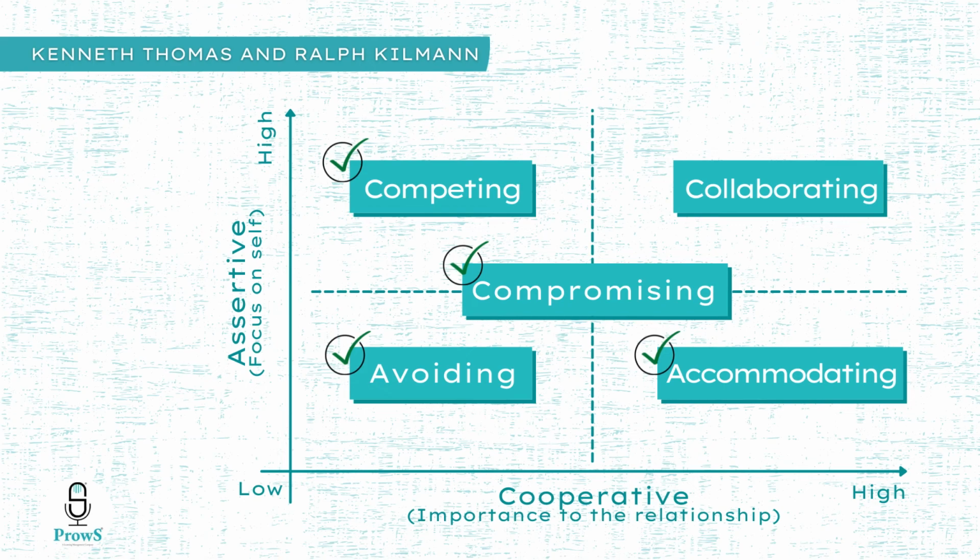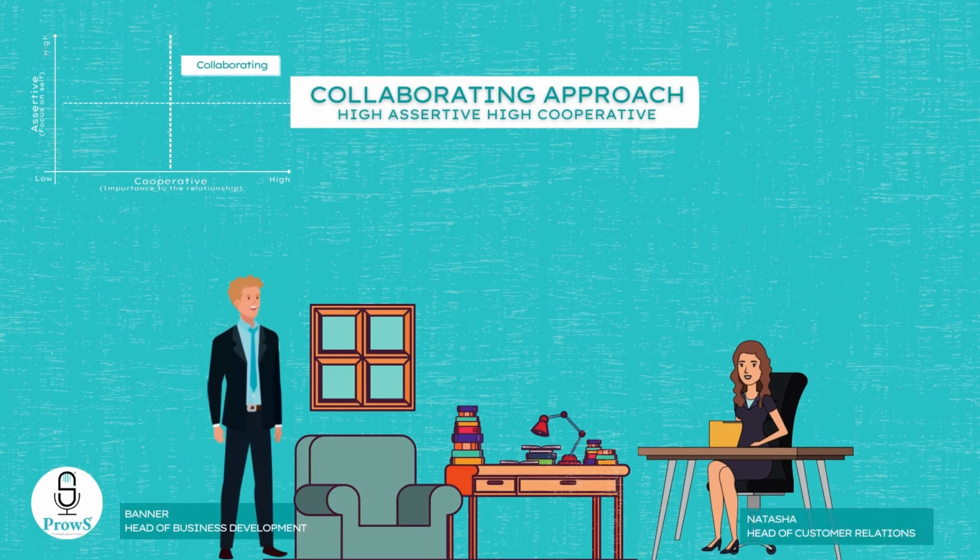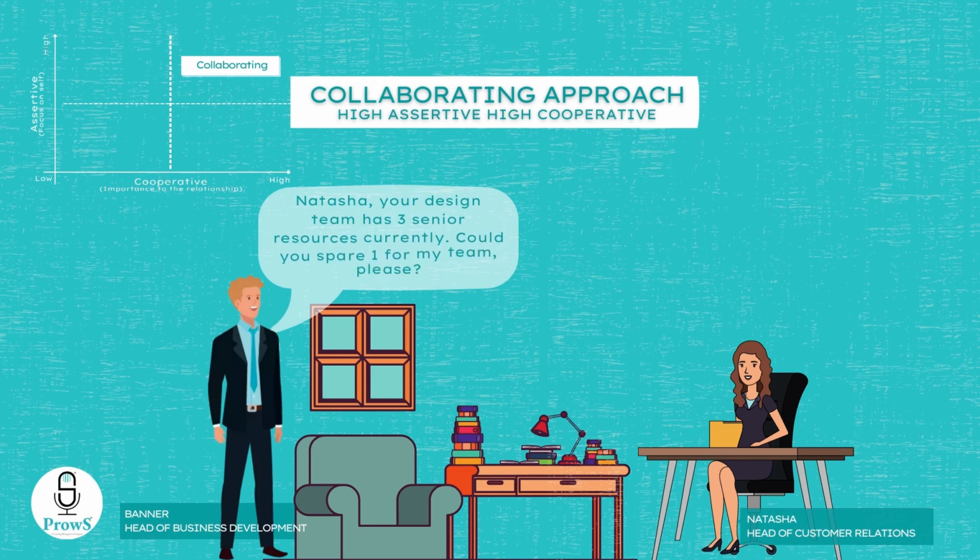The case scenario over here is a discussion between Banner, who's head of business development, and Natasha, who's head of customer relations. Banner has junior design resources in his team right now, while Natasha has 3 senior resources. And Banner raises this as a concern to Natasha. He raises his concern about how he requires at least 1 senior resource and if Natasha could spare Stark to work with his team.